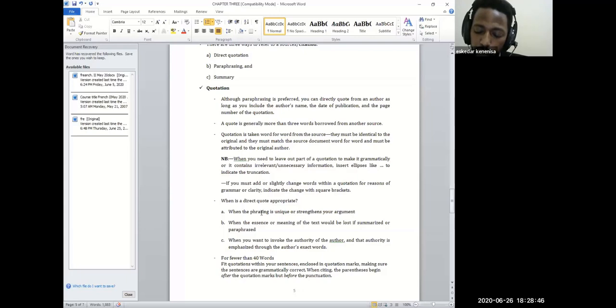Another, it is also appropriate to make a direct quote when the essence or meaning of the text would be lost. Therefore, rather than summarizing it or paraphrasing it, you may choose to use the author's idea word for word.